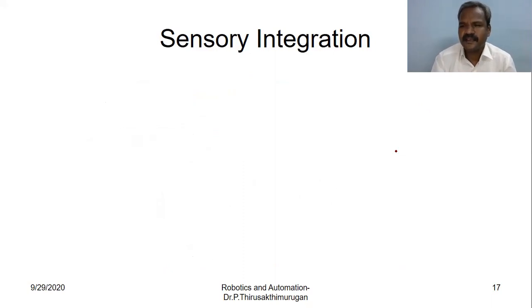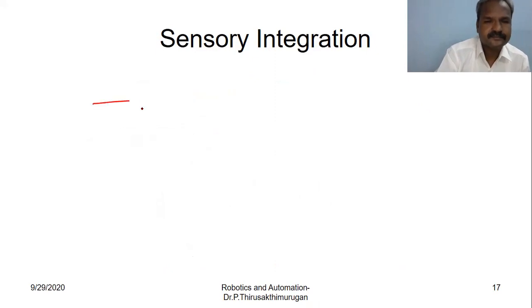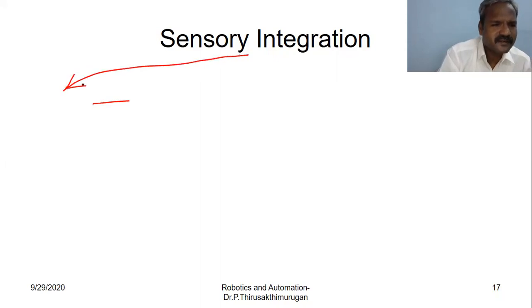So the sensory integration has 4 levels: joint level integration, manipulator level integration, object level, and task level. Sensory integration has 4 levels of integration. Sensor level, that is joint sensor, joint level.